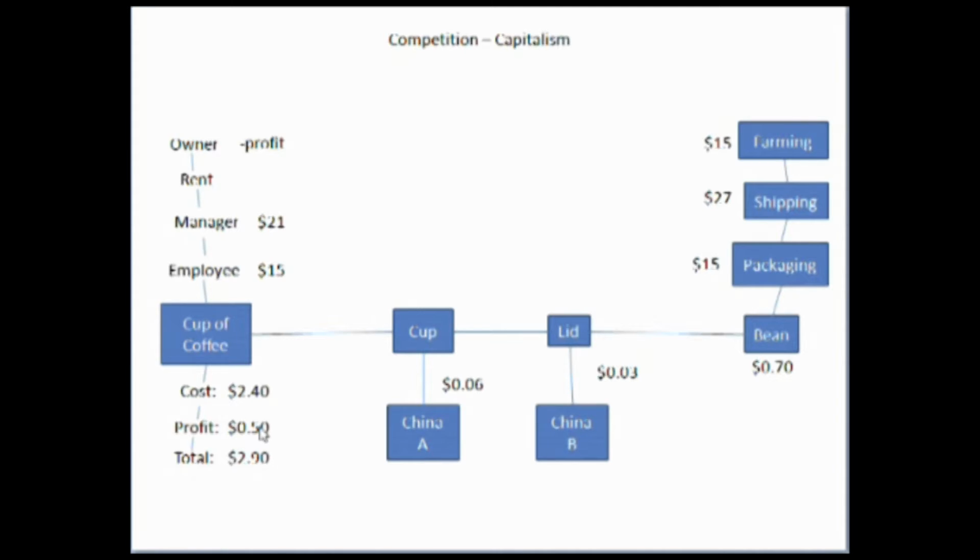I'm going to charge 20 cents, which forces our coffee shop to lose customers, forcing him to lower his profit margin so he can compete with the guy next door and charge the same amount. So now we're back to $2.60.